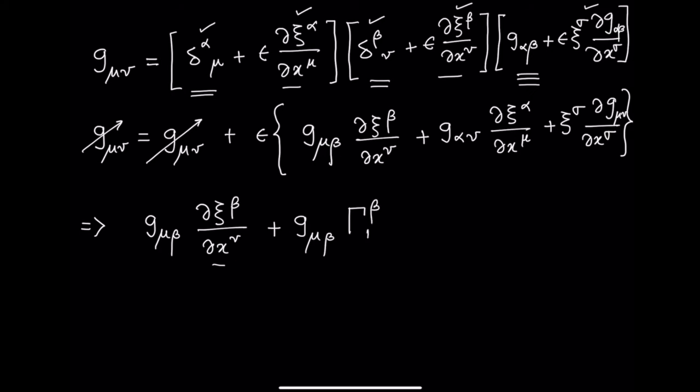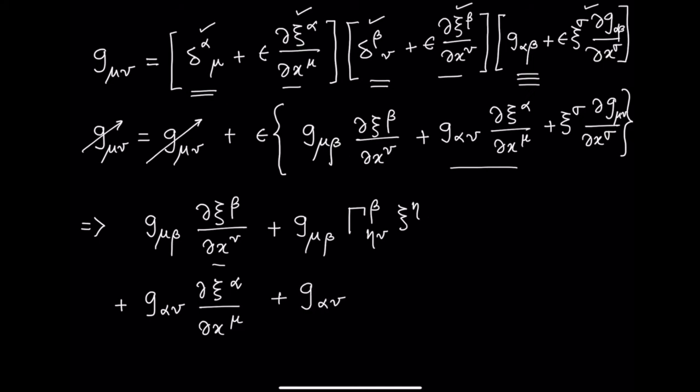So for that I need a eta nu here, and then xi eta. So I just add that forcefully. I do the same thing with this term, which is g alpha nu del xi alpha del x mu plus g alpha nu, okay, forcefully I have done that.